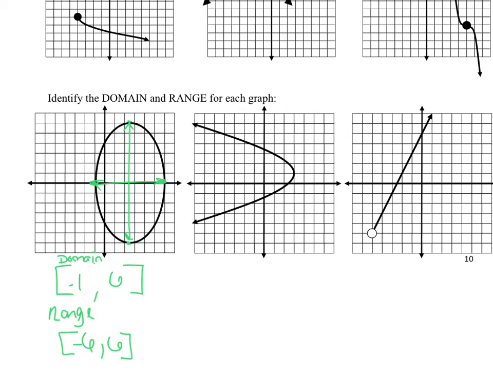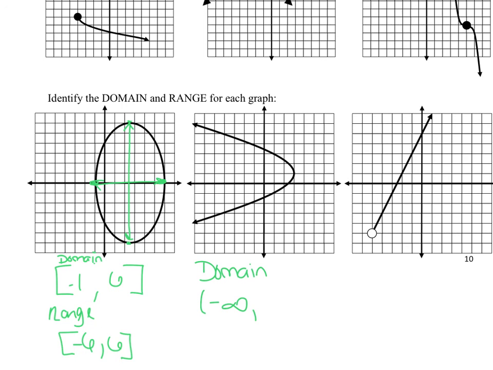The domain for this guy here, remember domain is x, left and right. I can travel left to right, but I get stopped right here on the right. This is the furthest right point I can go. I can go all the way infinite over here because the arrows point all the way to the left. But on the right side, I can only go here. So for my domain, I can go all the way left to -infinity.